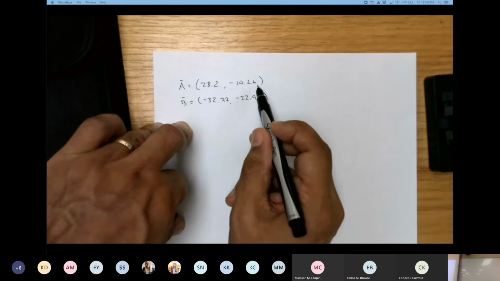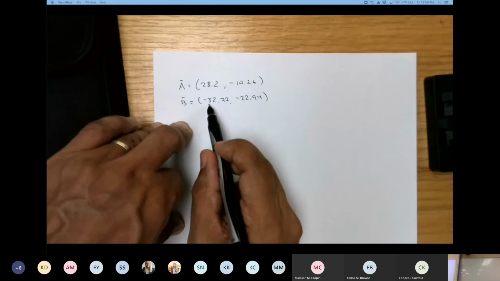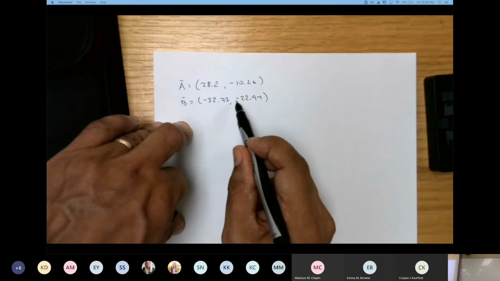And for vector B, we have minus 32.77, and for the Y component, minus 22.94.